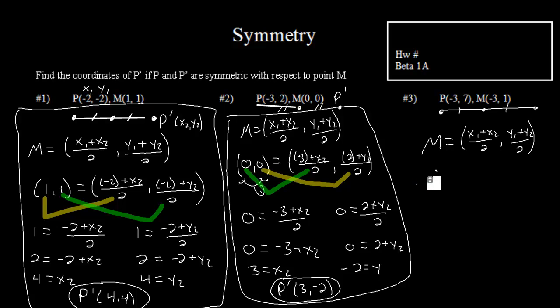Our midpoint is -3, 1. One of our endpoints has an x value of -3. The other endpoint, we don't know its x value. One of our endpoints has a y value of 7. The other one, we don't know its y value.